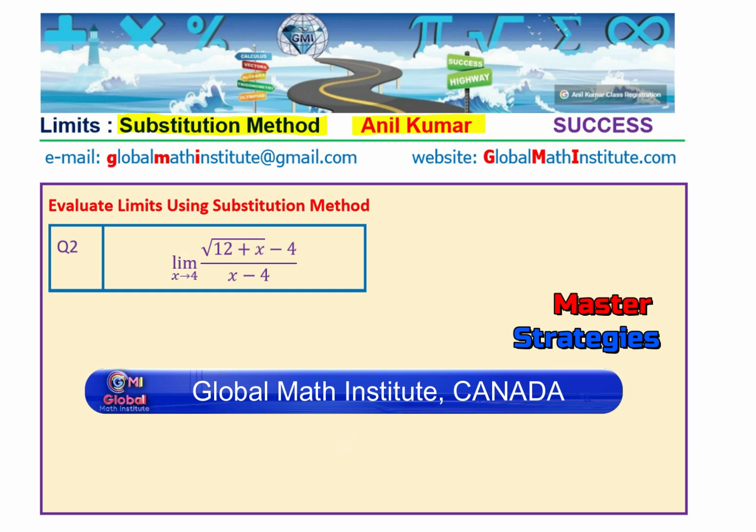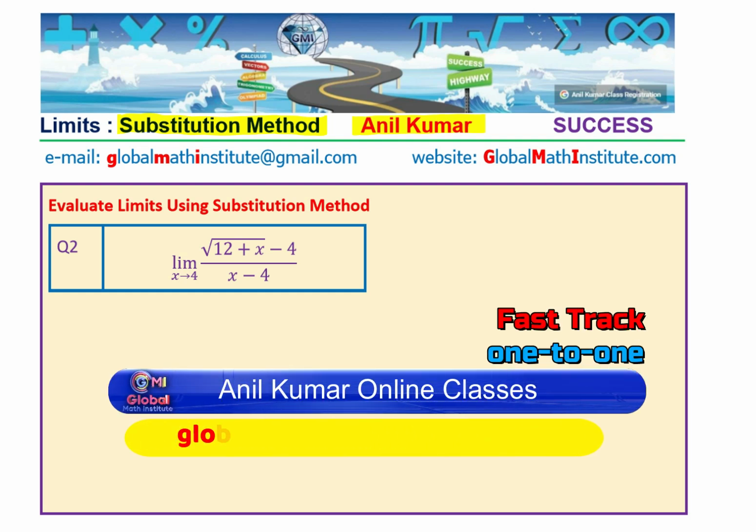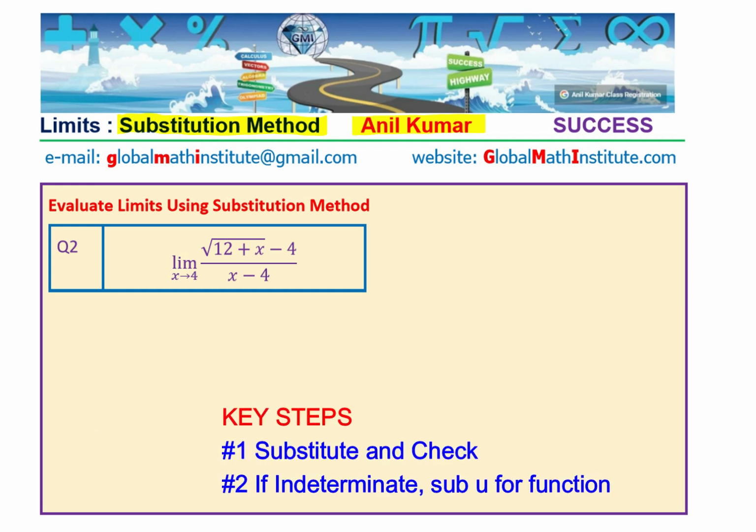So let us see the steps involved in finding limits for any function for that matter. The first step, in this case where x approaches 4, is to substitute 4 in the equation itself and see what you get. So let's find the limit when x approaches 4 for square root of 12 plus x minus 4 over x minus 4.